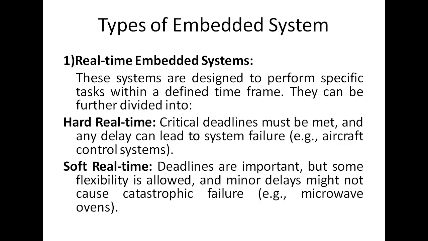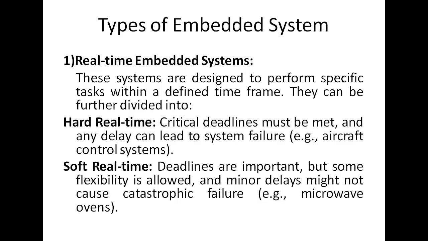The other type is soft real-time. That means the deadline is not as critical, but flexible. If the deadline is missed, there is no problem, so a minor delay might not cause any failure.